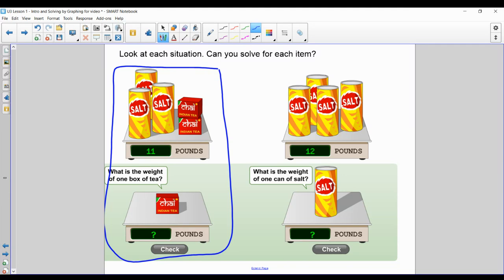I need this other stuff on the right side, that when I look and see that 4 salts weigh 12 pounds, doesn't that tell me that 1 salt must be 12 divided by 4, or 3 pounds? So now if I know that these are 3, 3, 3, in salt, don't I have 9? So if I subtract 11 minus 9, that leaves 2 for the 2 T's. So isn't each T 1?